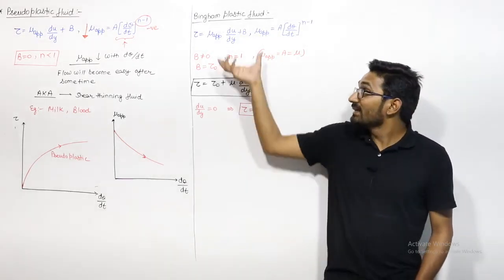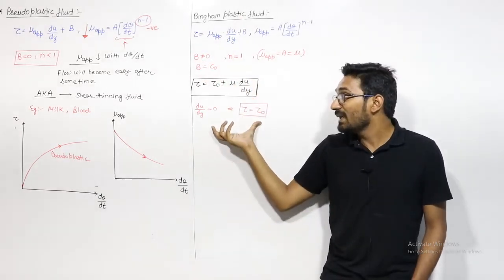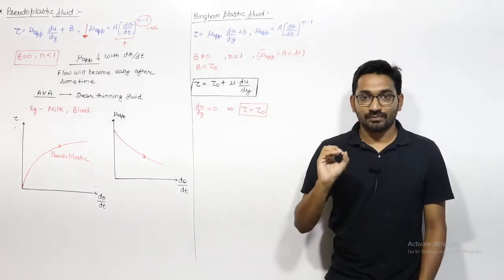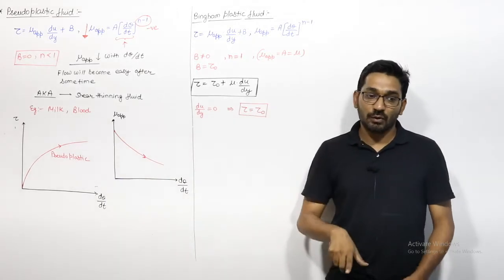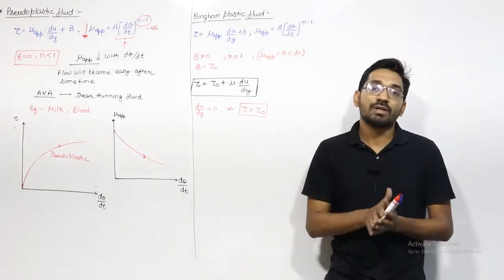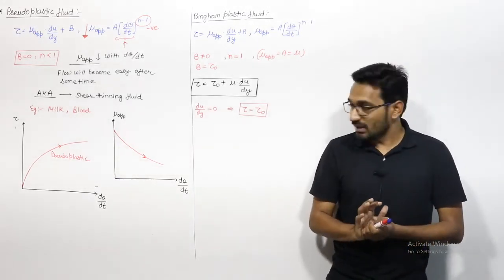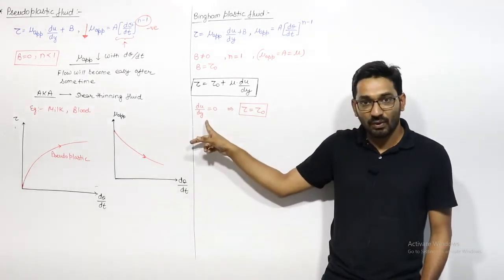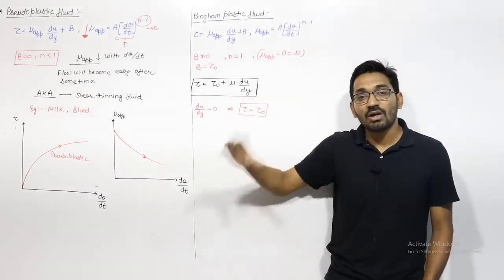The Bingham plastic is not satisfying the basic definition of fluid, so we can say this is not a Newtonian fluid. You are applying a shear stress tau naught, but the fluid is not flowing. This is a fluid, but it is a non-Newtonian fluid.